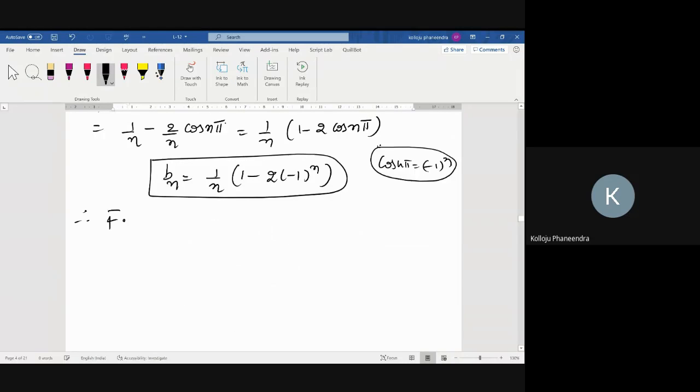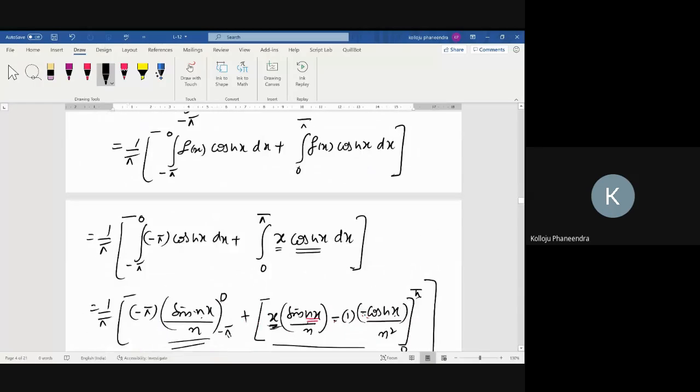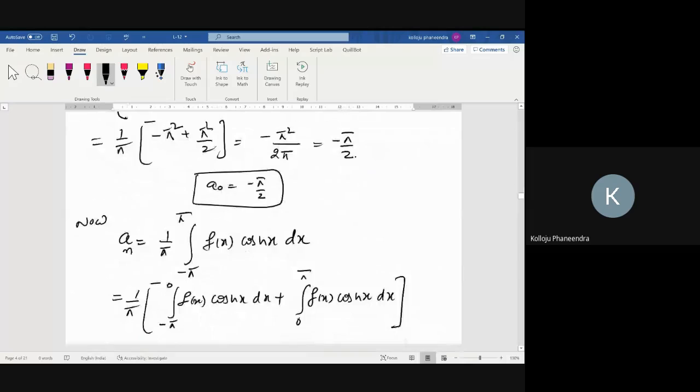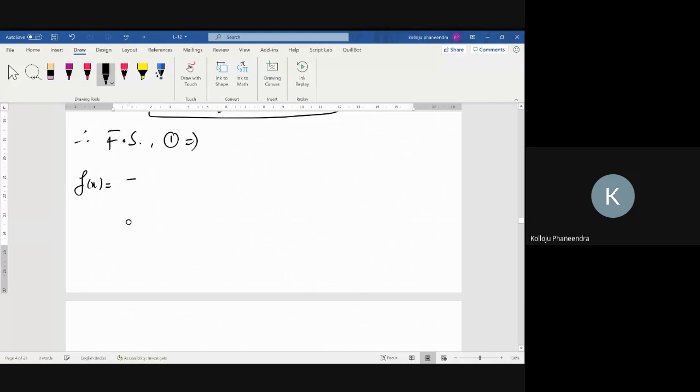Therefore, the Fourier series 1 implies, what is f of x equal to? What is a naught value? A naught value is minus pi by 2. Minus pi by 2 into 2, a naught by 2, plus summation. n is defined for what? It is 0 when n is even, so you write n is odd here.